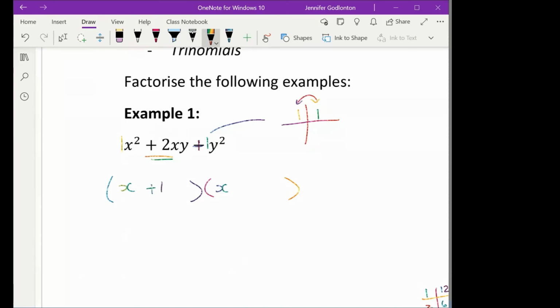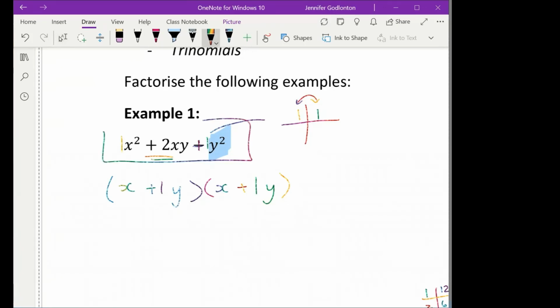So obviously we're going to have plus 1 and plus 1. But now the problem is we've got this y squared chilling over there, and we haven't dealt with it. We haven't put it anywhere. And so now what we have to do is we have to say y and y, so that we have x plus 1y, x plus 1y, and then if we multiply it out, we'll get x squared plus 2xy plus y squared.